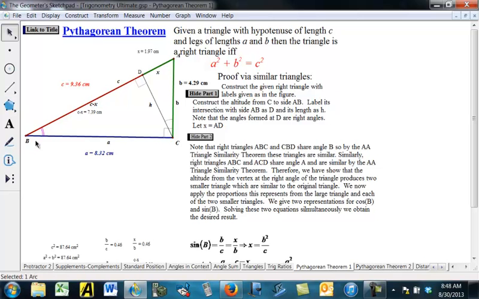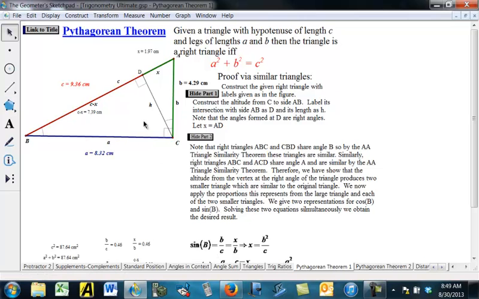So the sine is opposite over hypotenuse. Let's do it from the big triangle. The opposite side for the big triangle would be side B, and the hypotenuse is this whole side C here. So the sine of that angle is B over C. On the other hand, let's do it from the little triangle.